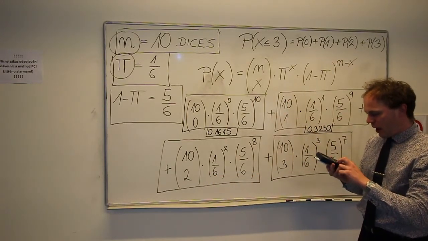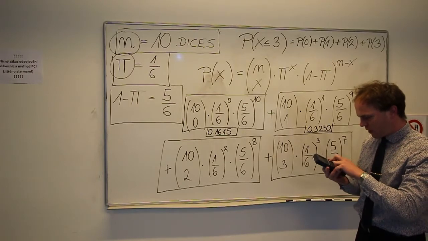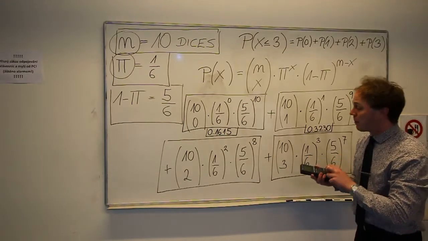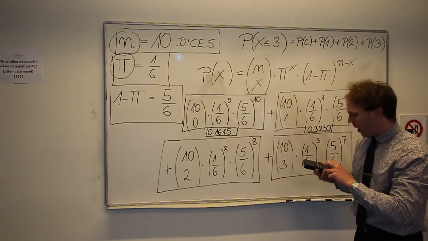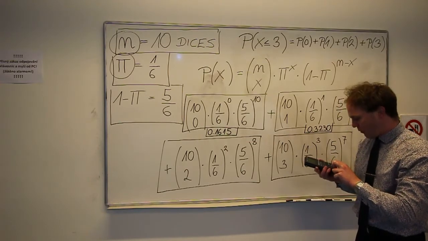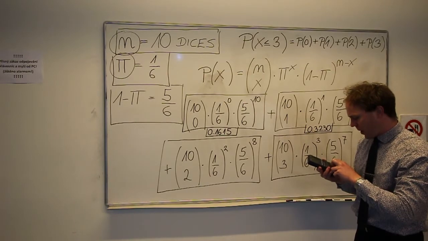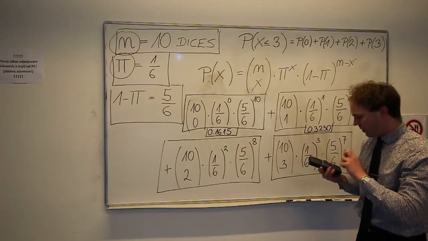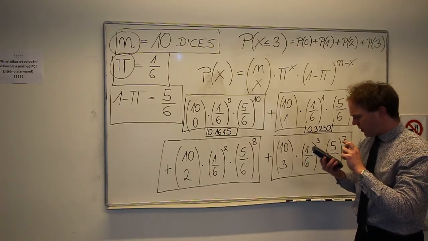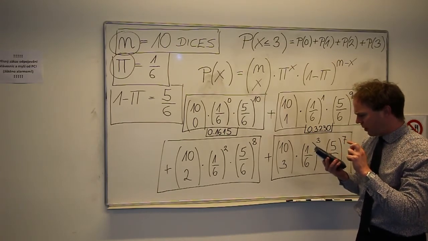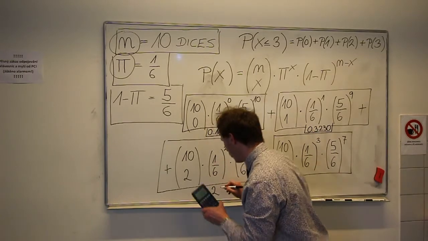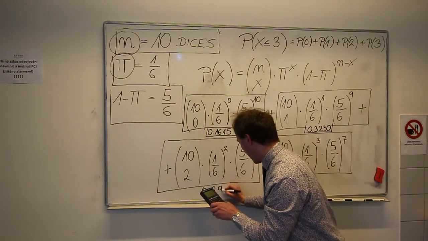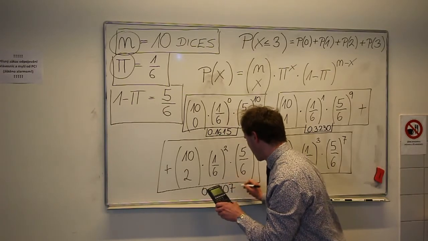10 above 2 times 1 divided by 6 powered by 2 times 5 divided by 6 powered by 8. 0.2907.